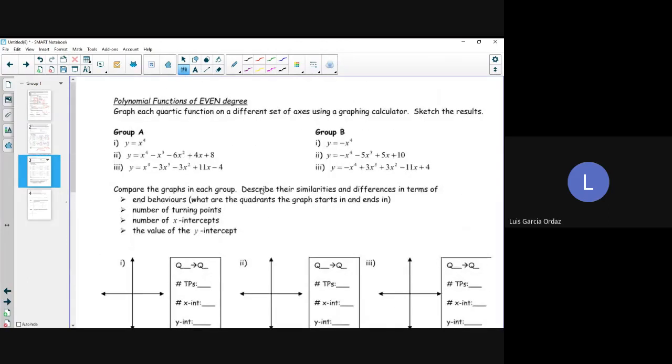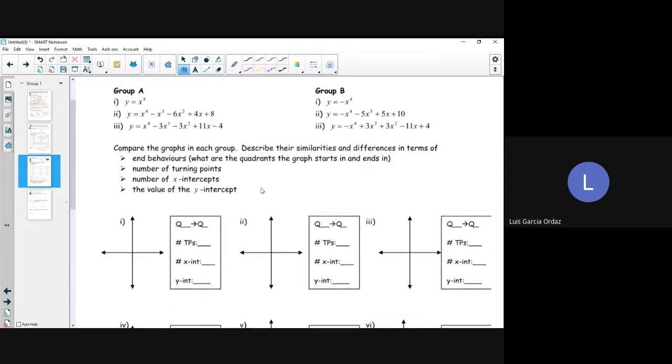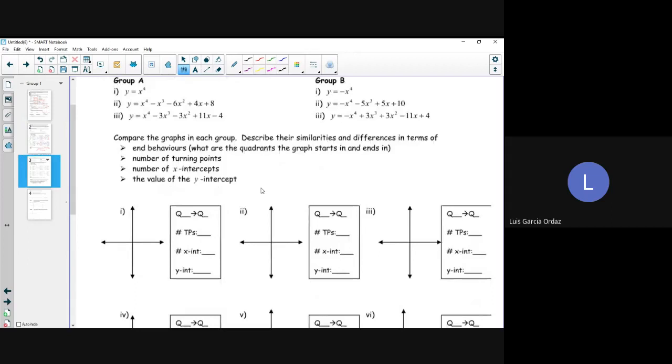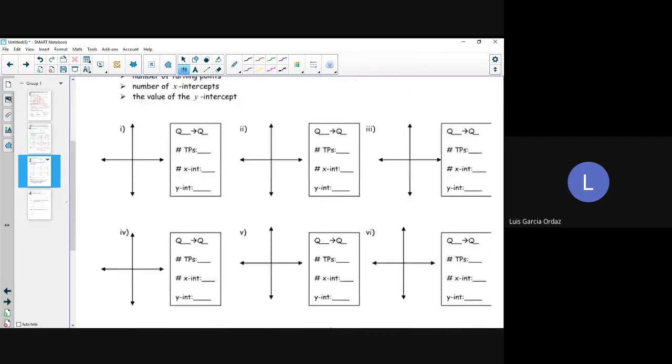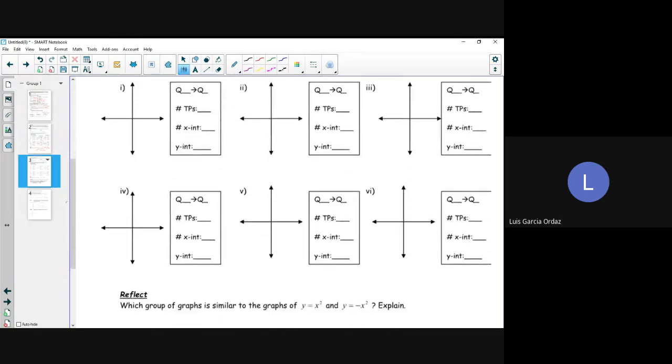Okay, so now we're going to take a look at the even degree polynomial functions. So we have y is equal to x^4 in group A and y is equal to negative x^4 in group B. So we're going to be doing the same thing.